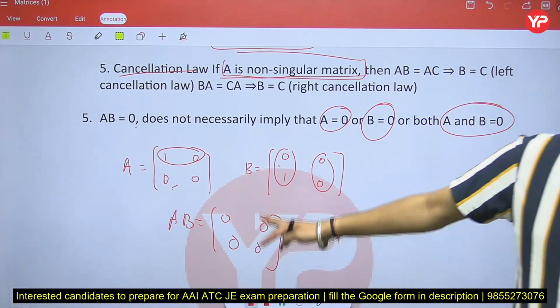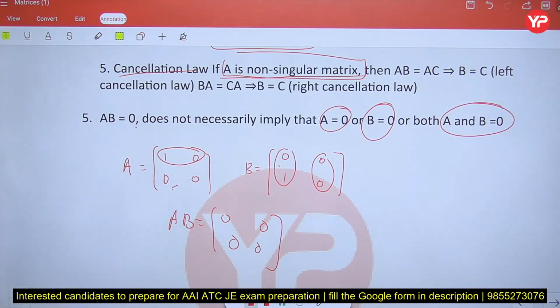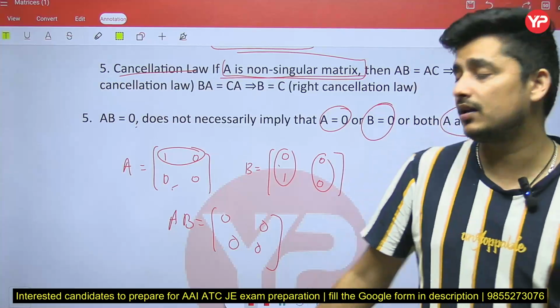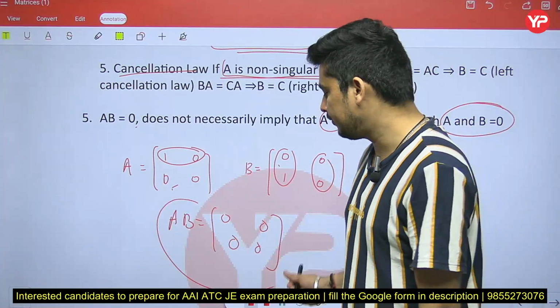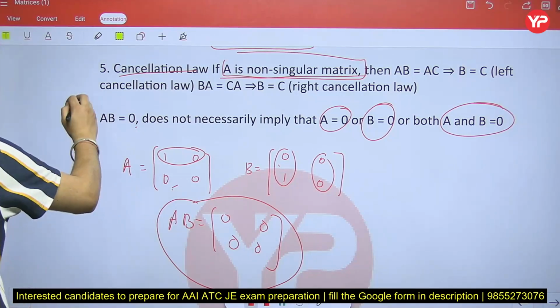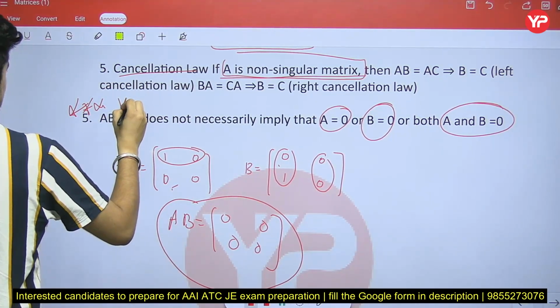This was asked in the airport authority exam. Both A and B are non-zero, and their resultant matrix is 0. That is the meaning of this statement. This is very, very important.